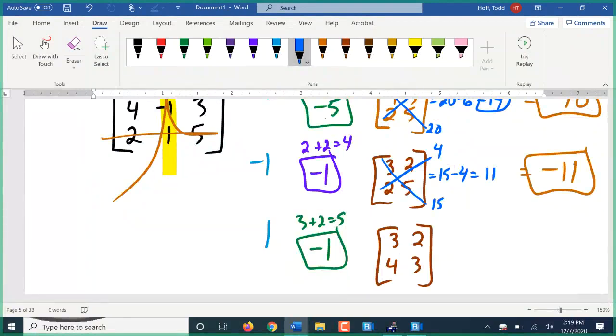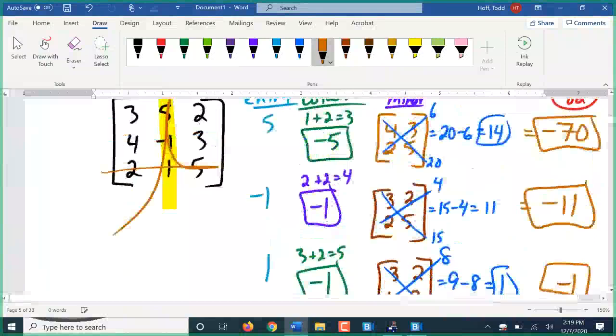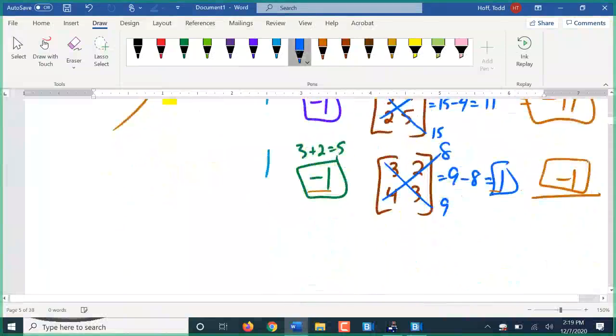So I do that determinant. 3 times 3 is 9. 4 times 2 is 8. 9 minus 8 gives us a determinant of 1. So that partial is negative 1 times 1, which is a negative 1. I add up those three. I once again get negative 72.